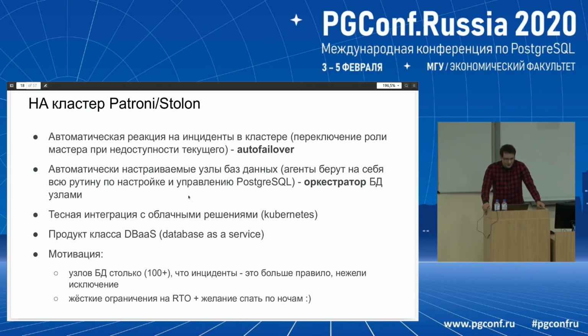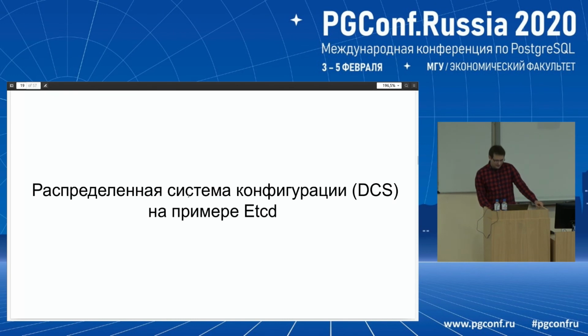The motivation to use these solutions is if you have too many databases in your corporation, a lot of highly available clusters, and you would like to make the incidents inside these clusters automatic. Also, if there are some really strict requirements for the downtime of the clusters, and you still want to have a good night's sleep.